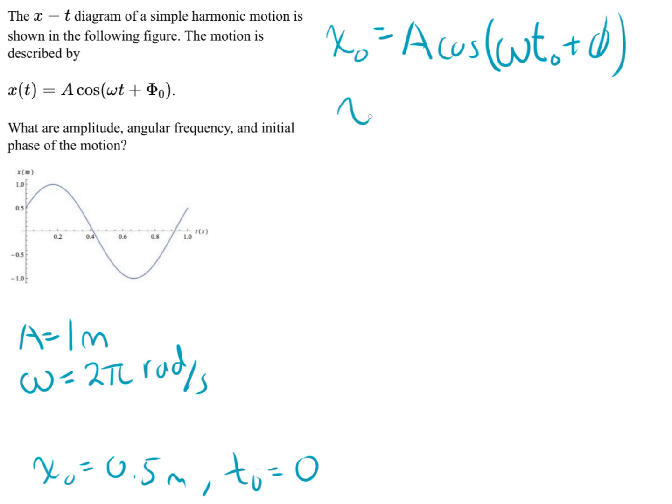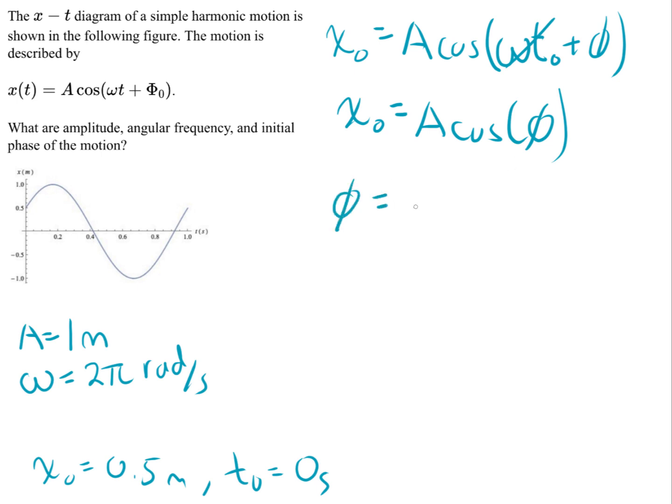So the initial x is going to be equal to A times the cosine of simply the phase constant, since when we initially plug in the values for this function, the initial time is when t equals 0 seconds. This whole part will cancel out, and we're just left with the phase constant. Then we get this equation here, which we can solve for the phase constant.